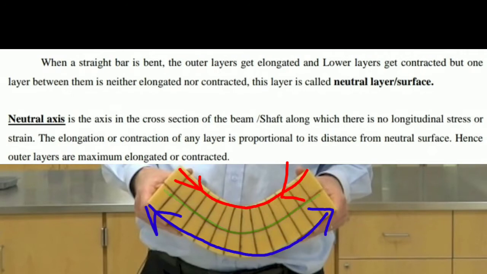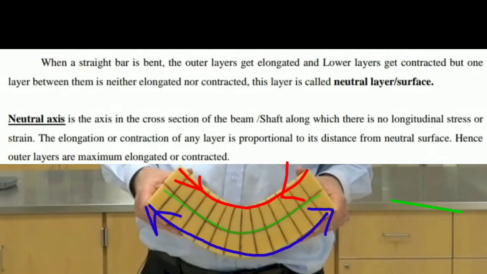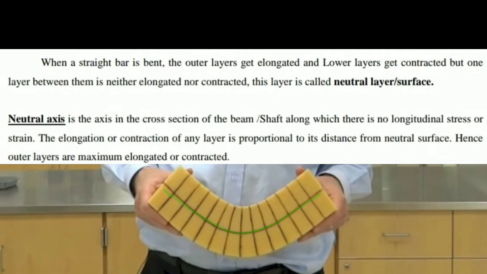This type of layer we call a neutral layer or surface. In the next topic, the neutral axis is the axis of a cross-section of a beam or a shaft where there is no longitudinal stress or strain. This is what we call the neutral axis.